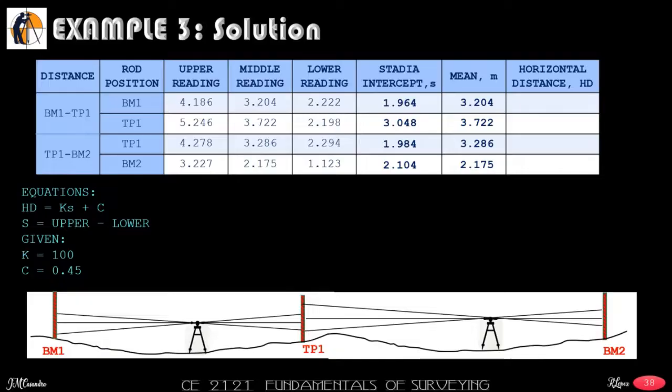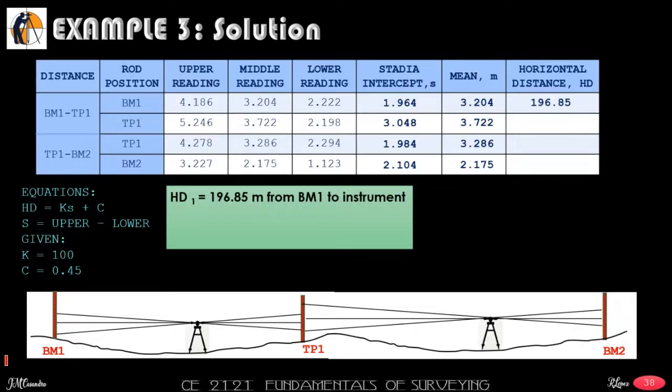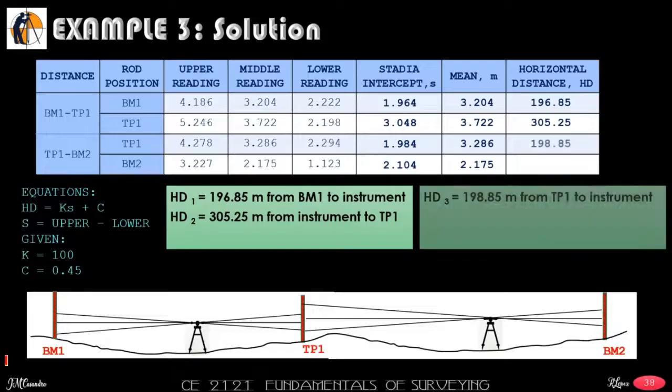So for our horizontal distance, HD, for BM1, line 1, it will now be equivalent to 196.85. HD of TP1 to instrument is 305.25. And then for TP1 to instrument for line 2 is 198.85.